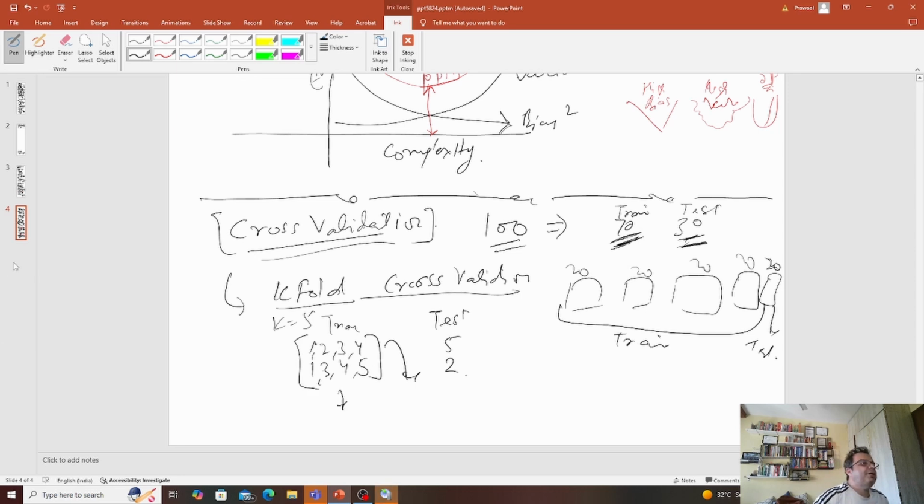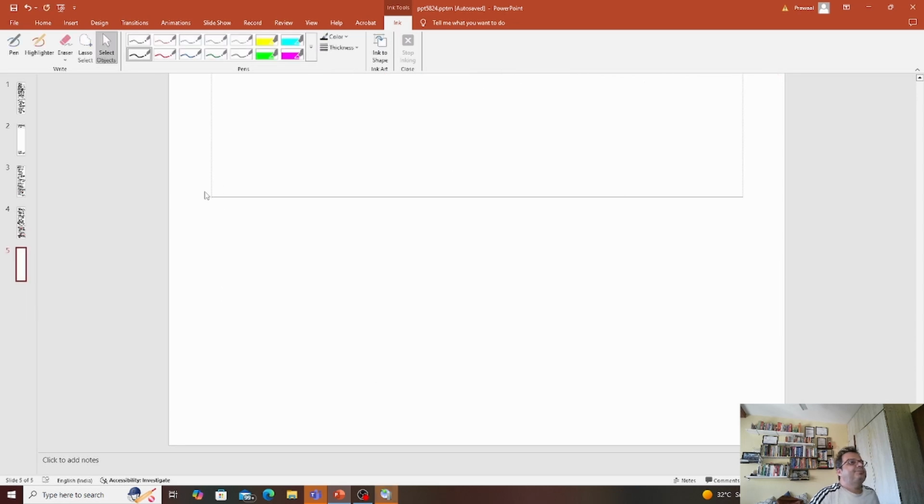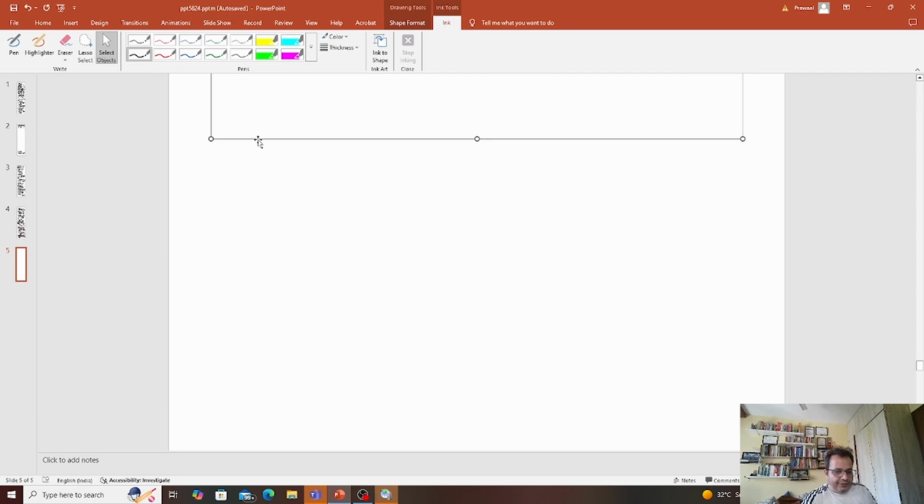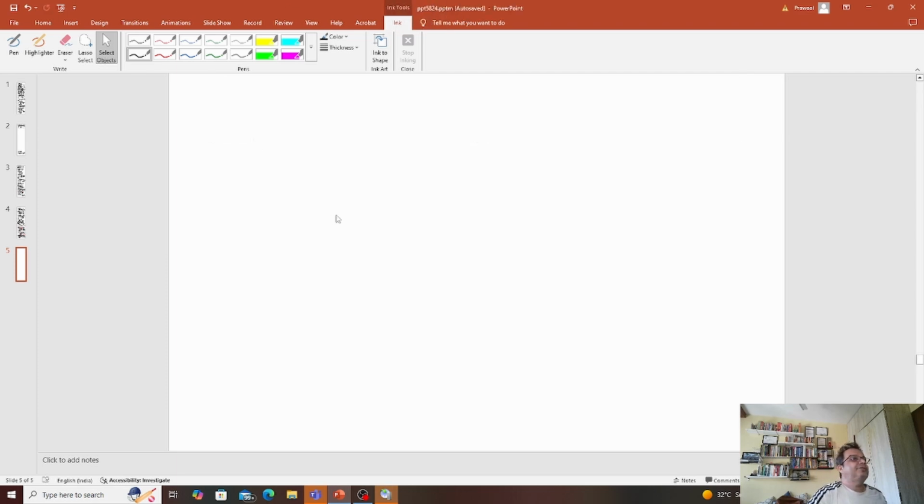Then even in spite of having lesser data, we will still be able to estimate our model properly. So that's what we do in cross validation.